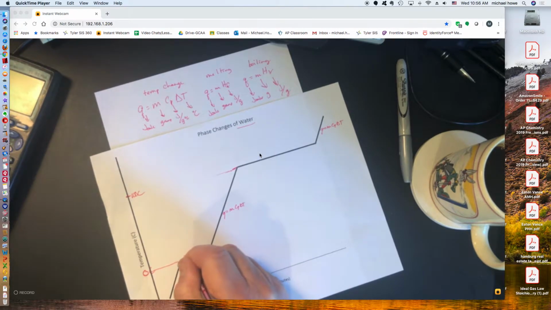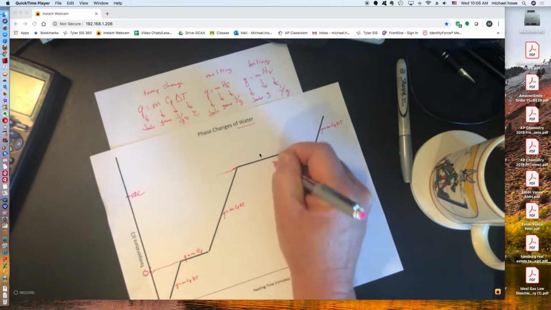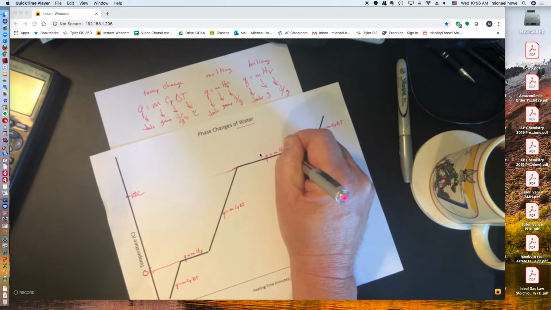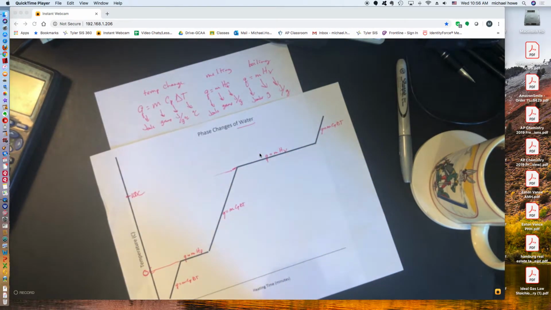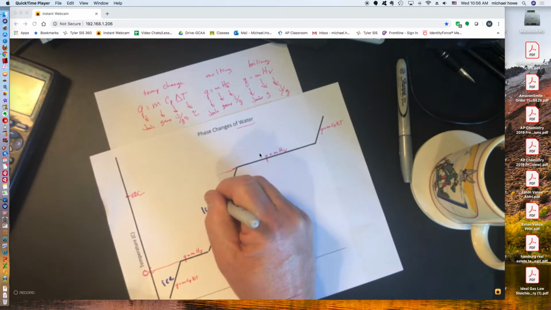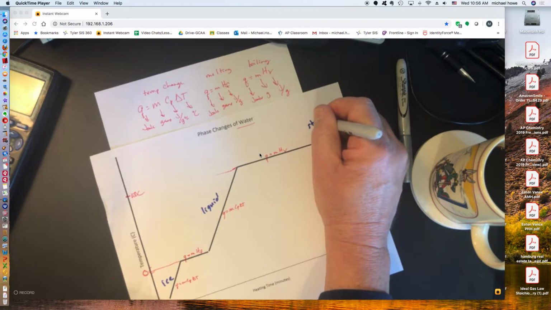Where melting or freezing is occurring, we use Q equals mHf, and where boiling or condensing is occurring, Q equals mHv. So those are the formulas that you use. A couple of scenarios: suppose you had some ice down here. This would be ice, this would be liquid water, and this would be steam up here.